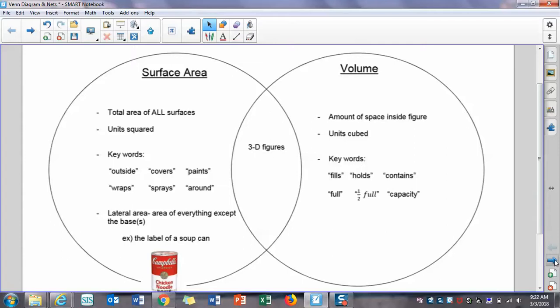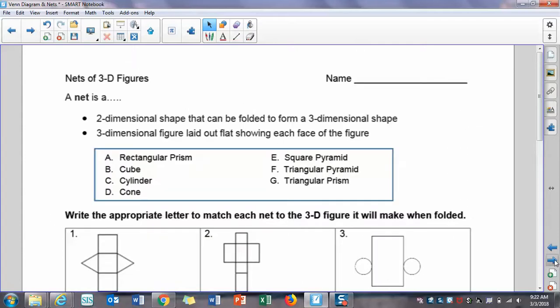Okay, so let's go ahead and look at nets. So nets of 3D figures. A net is a two-dimensional shape that can be folded from a three-dimensional shape. In other words, this three-dimensional figure is laid out flat, showing each face of the figure. So I took my 3D shape and just flattened it out. So think of it as a cardboard box, and you flatten it out completely.